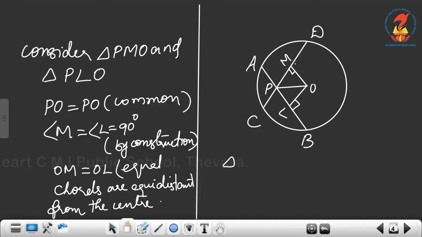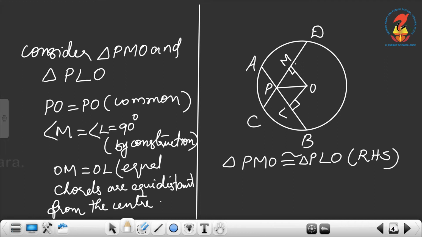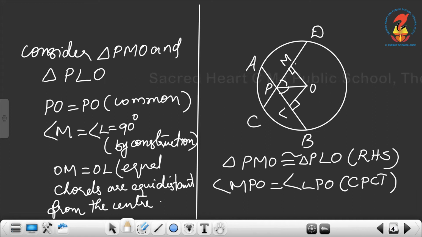So triangle PMO is congruent to triangle PLO using the RHS criterion. If these two are congruent, what can we say? These two angles are equal using CPCT. Angle MPO is equal to angle LPO using CPCT.